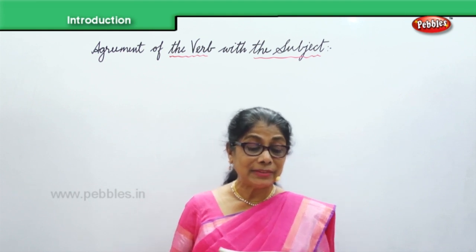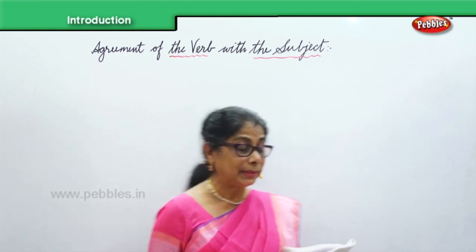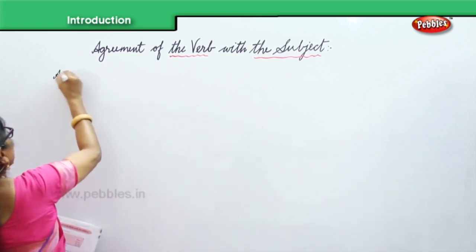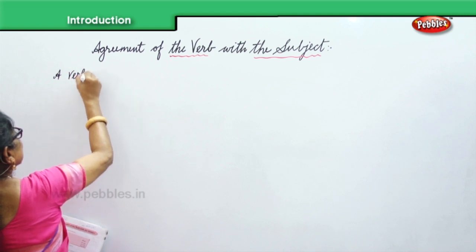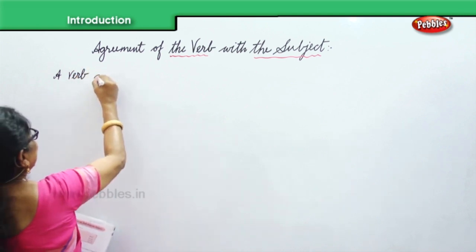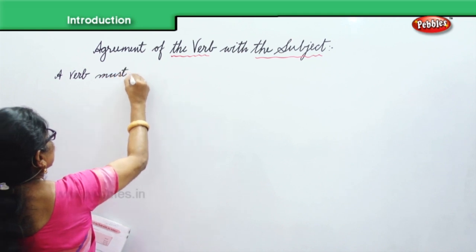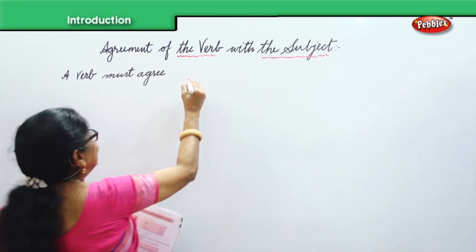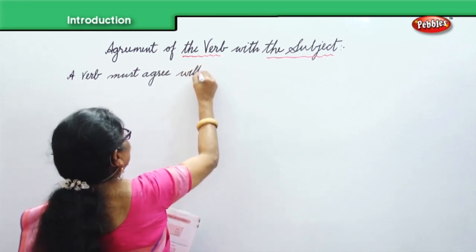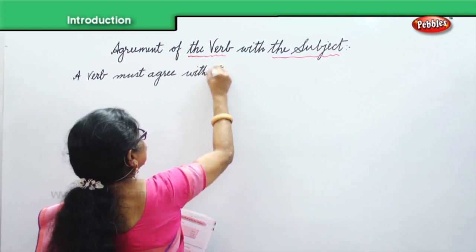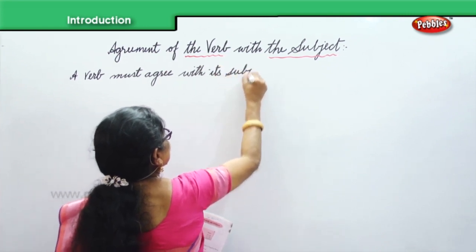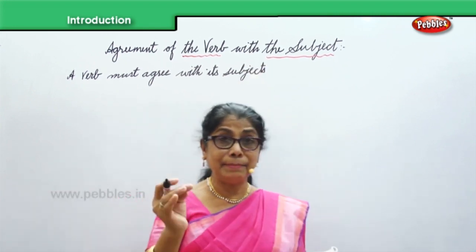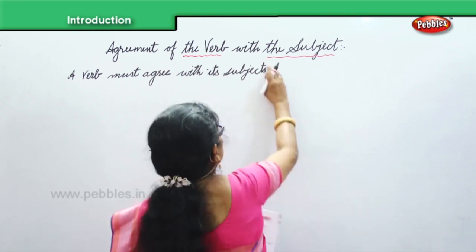A verb must agree with the subject in number and person. And that's what we are going to do. A verb must agree with its subject in number and person.